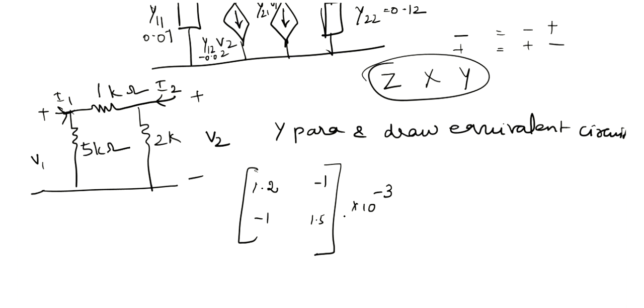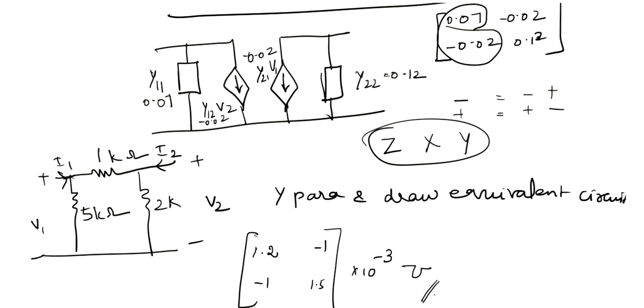That's why all the values will be in the milli unit. This is your y parameters, and for the equivalent diagram you just write the same diagram as above. See the above equivalent diagram. In the same diagram you just replace y11, y12 and all the matrix values with your answers. So this is your homework. Clear?